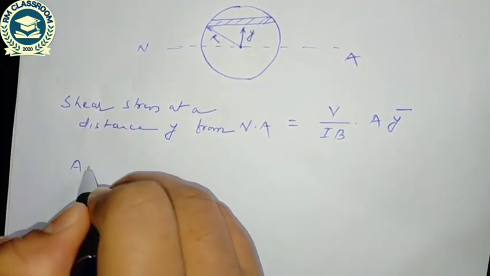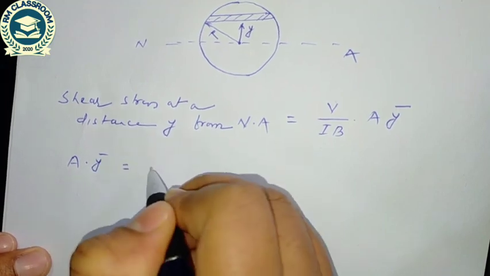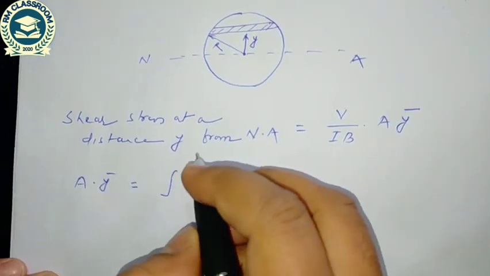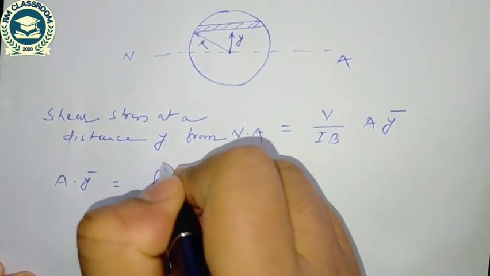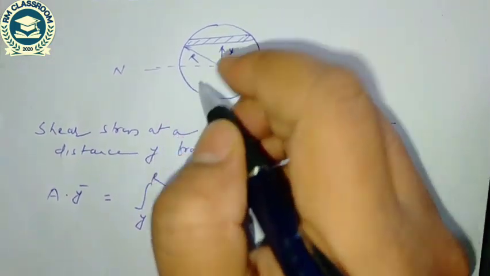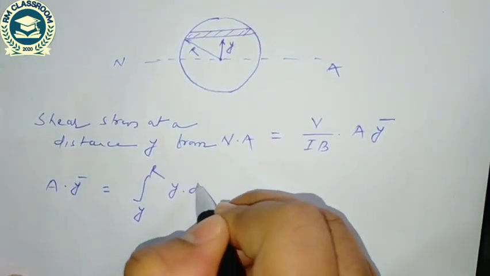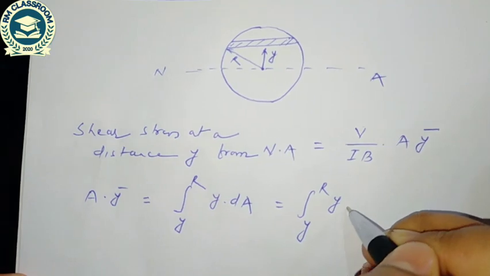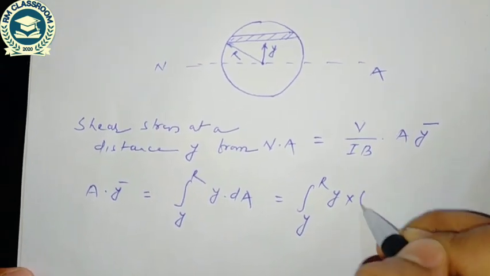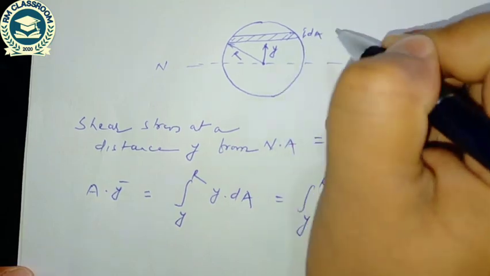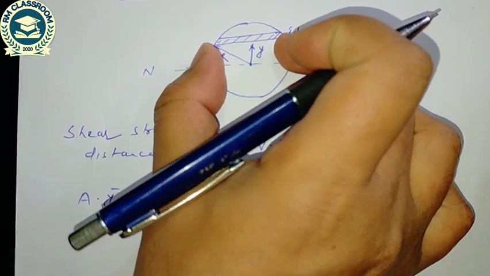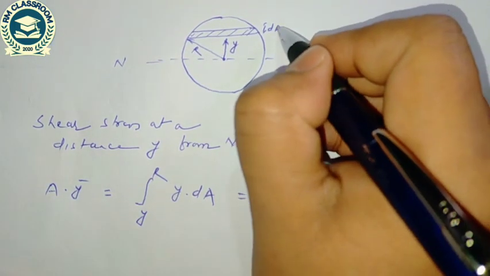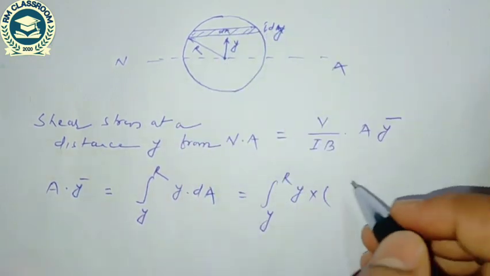So the moment of area A y bar is nothing but, if I take this section, the integration from y to r of y into dA. The small area dA can be written as this length into dy.